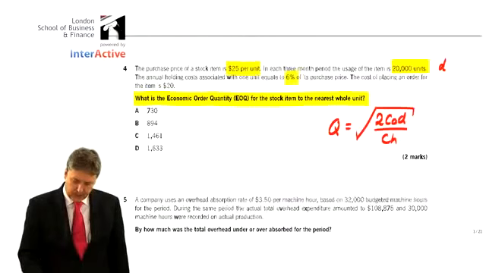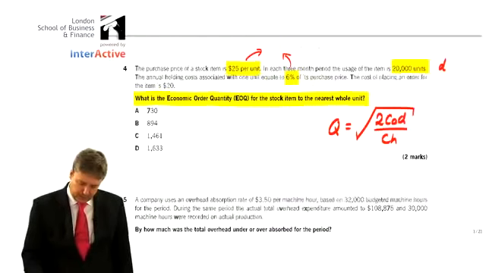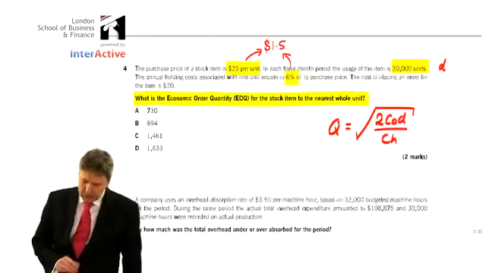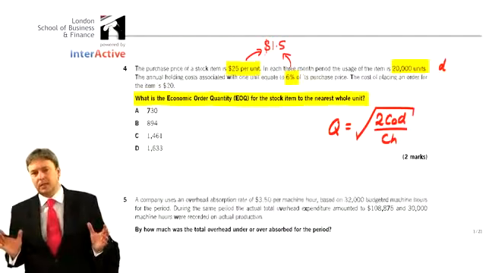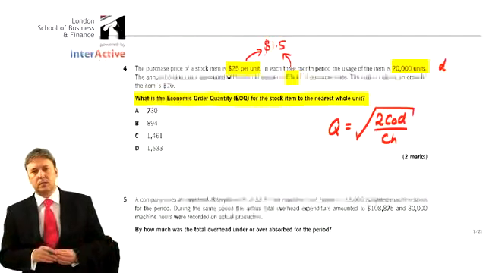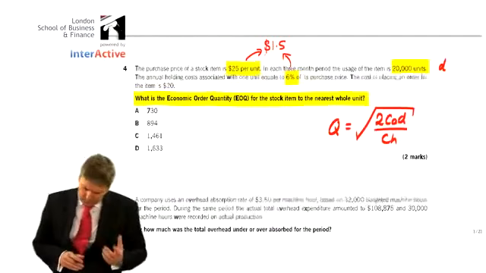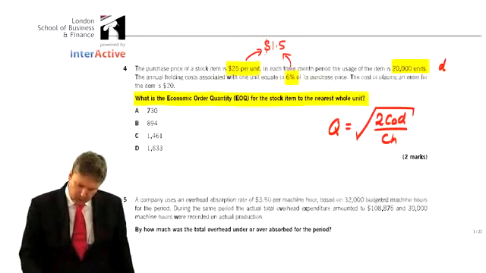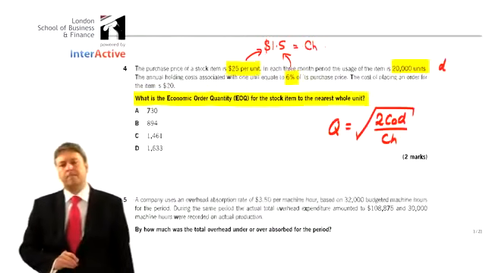So we've got this 6% here, and that means if we're going for 6% of 25, couldn't we say that that comes to something like $1.5? Check that one out. Please don't trust me to get these sort of calculations right. And that $1.5 is going to be a holding cost. Isn't that going to equal CH in some way?